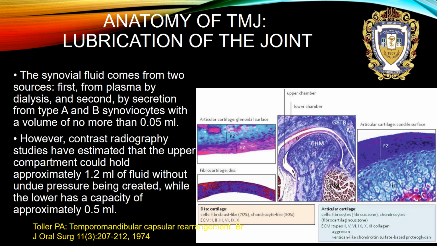However, contrast radiography studies have estimated that the upper compartment could hold approximately 1.2 milliliters of fluid without undue pressure being created, while the lower has a capacity of approximately 0.5 milliliter.